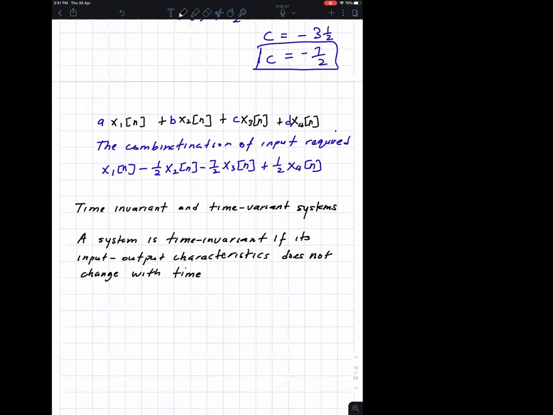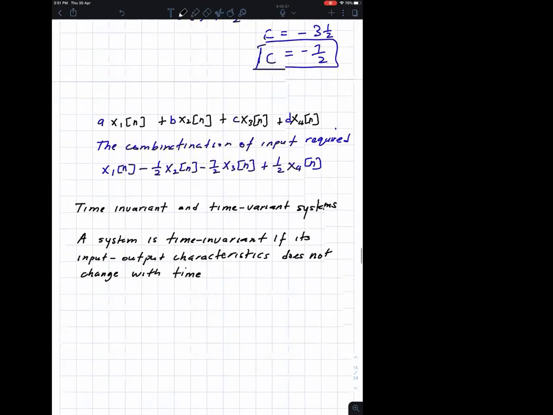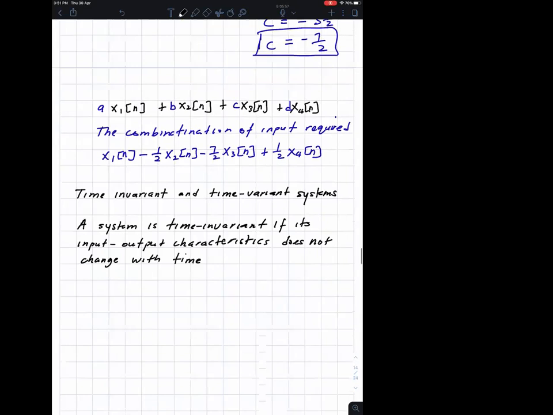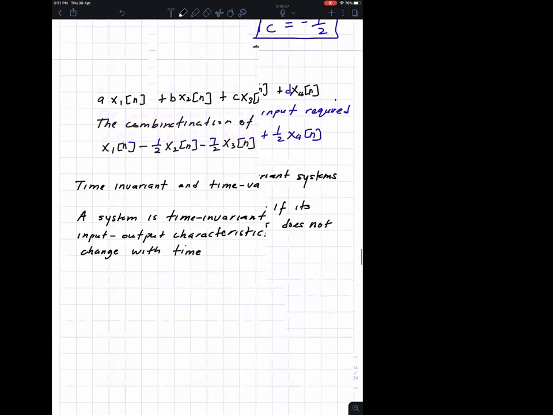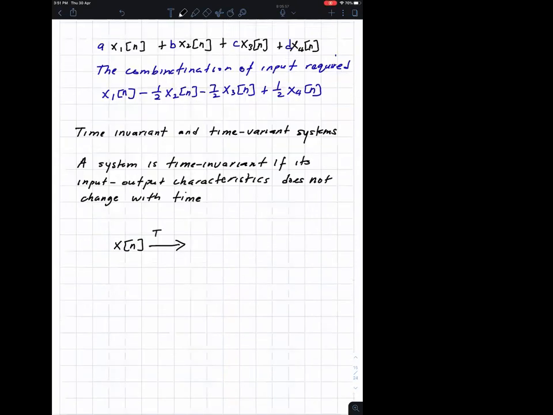A system is time invariant if its input-output characteristics do not change with time. For example, you have an input, and the input is going through a system. T stands for system. You go through a system and then you get an output yn.